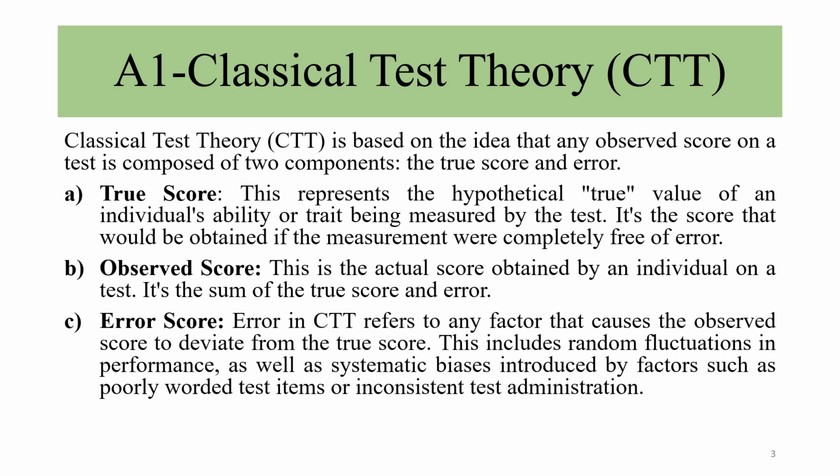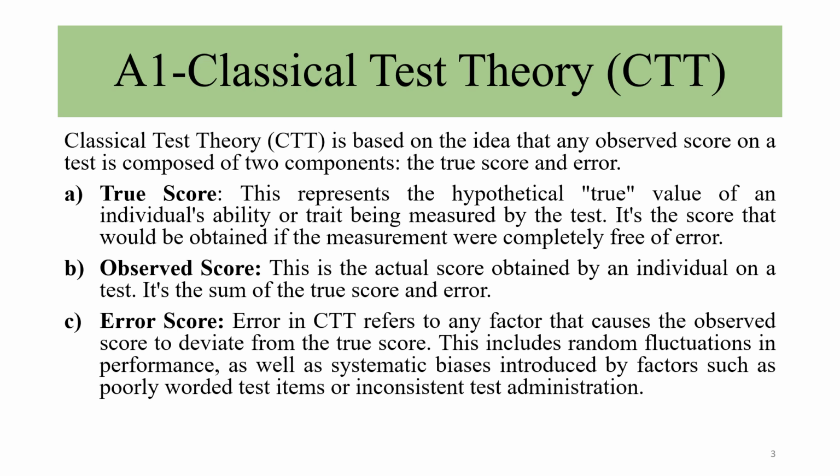It is the score that would be obtained if the measurement were completely free of error. Hypothetical score is what we would achieve if humans were able to do measurement with zero error. That is not possible with existing knowledge and existing capacity of humans.